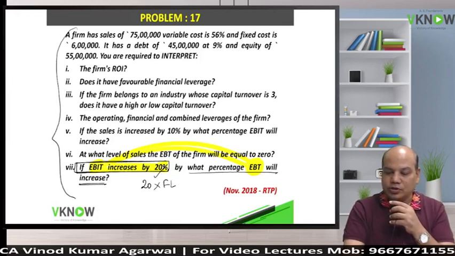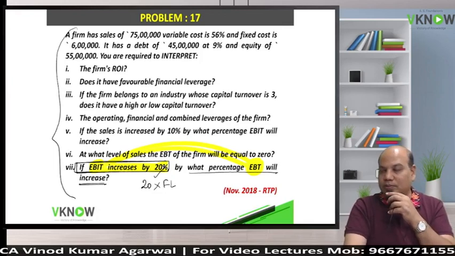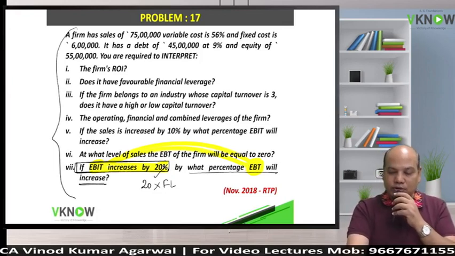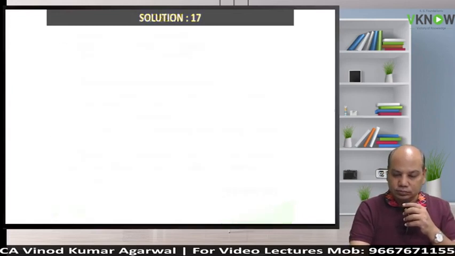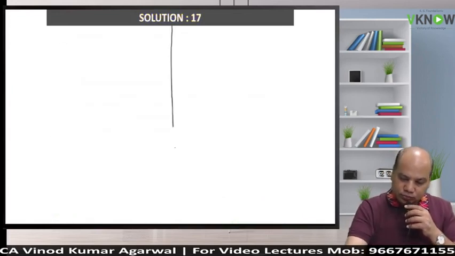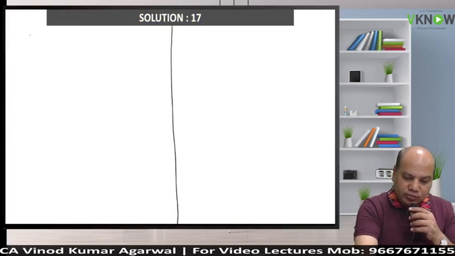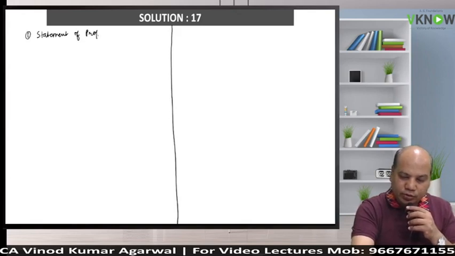So start. First I will find out various numbers in profit and loss statement. Let us start. First we'll write down step 1, statement of profit and loss, because all figures will come from this working only.